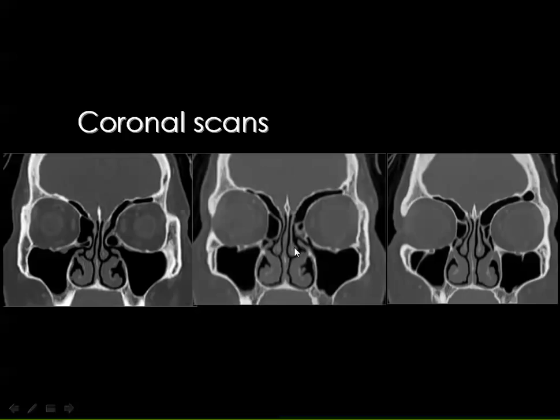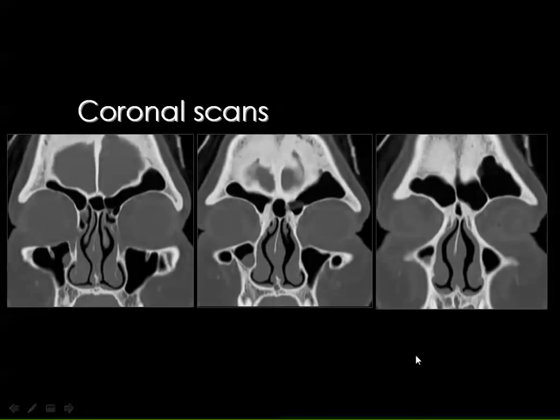This is the inferior turbinate, and this is the middle turbinate. Then you go more anteriorly, and you reach the most anterior part of the maxillary antra, and also you reach the frontal sinuses. This is the bony nasal septum, and this is the agger nasi air cell.